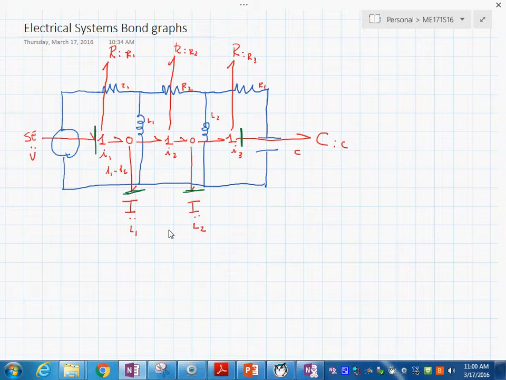So now you can see that in our system here, we have a situation where the causal marks don't complete for the whole system. You know, these are okay, but these ones don't complete in here. In other words, this is a problem, and if you put it into CAMP-G, all this is going to be red.